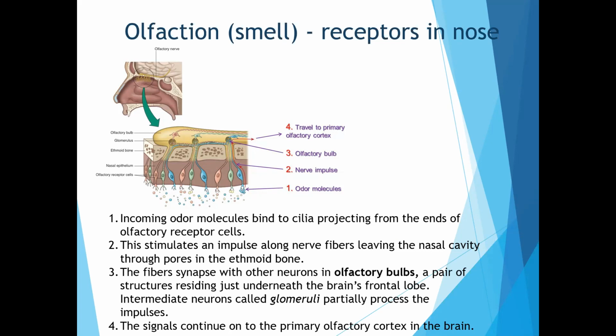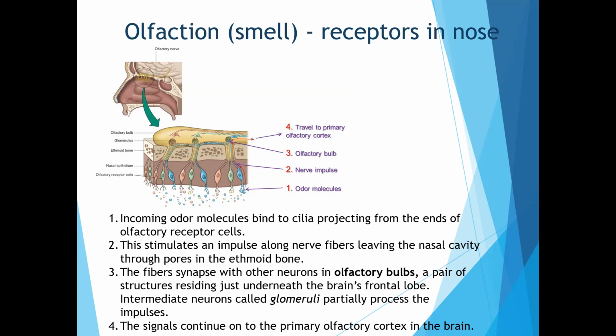Once that molecule binds to our cilia, an impulse is then going to be generated along nerve fibers in our nasal cavity, and then this travels through that ethmoid bone, which is right kind of in the center of our nose, if you remember back from the skeletal chapter.